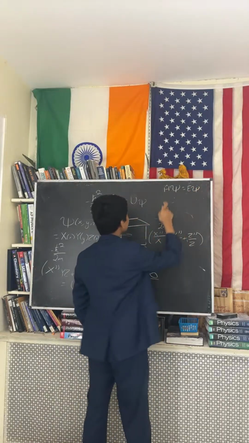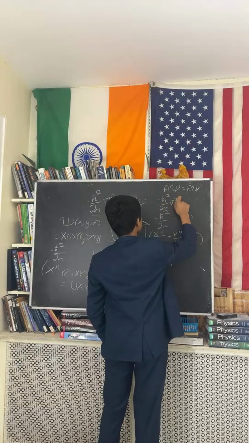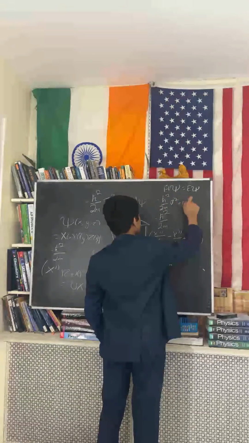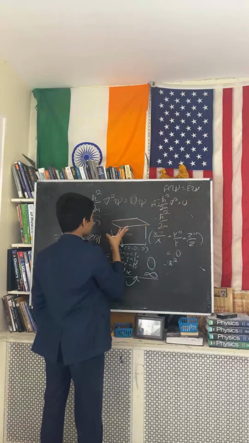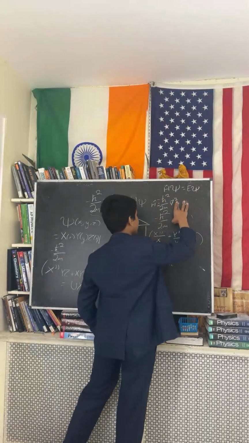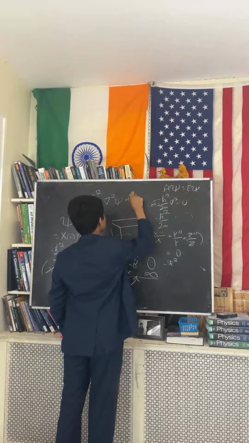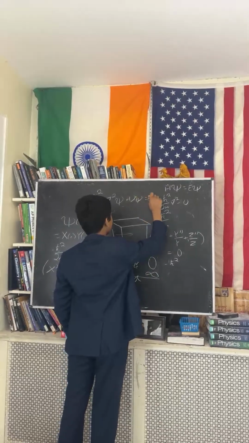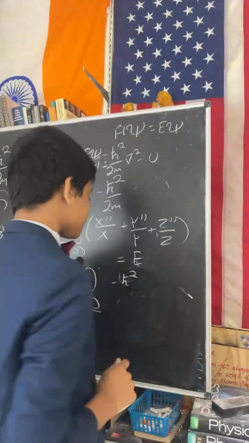Now the Hamiltonian is minus h bar squared over 2m multiplied by the Laplacian plus the potential. Which means that what you actually have is minus the potential, which means what you actually have here is plus U psi is equal to E psi. So what happens there is that within the box, this just becomes equal to E.